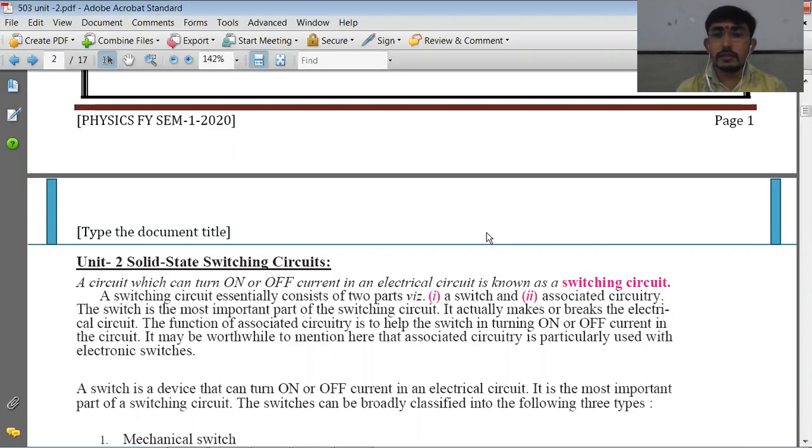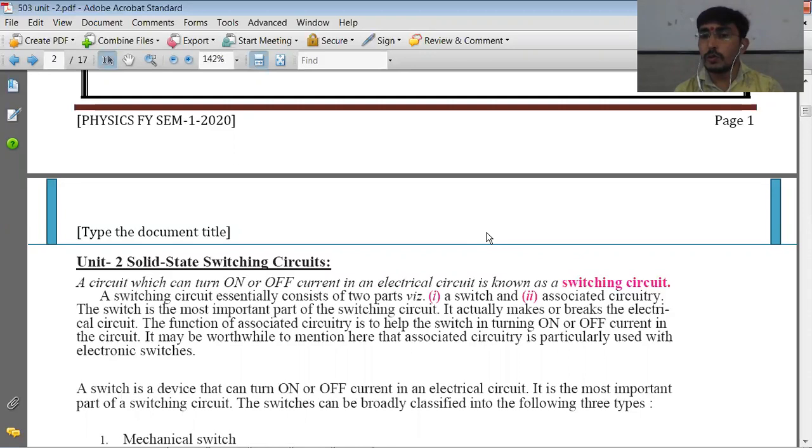The second part is the associate circuit, which helps the switch in turning on or off the current to the circuit. These two combine and make the circuit, that is called a switching circuit, a circuit which consists of a switch with the associate circuit.